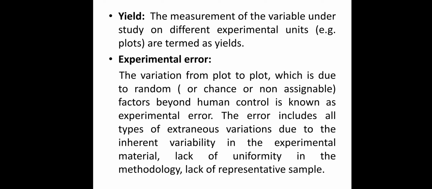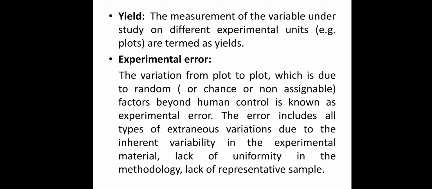Now, the most important terminology of design of experiments is experimental error. The variation from plot to plot, which is due to random or chance or non-assignable factors beyond human control, is known as experimental error. The error includes all types of extraneous variation due to the inherent variability in the experimental material, lack of uniformity in the methodology, lack of representative sample.